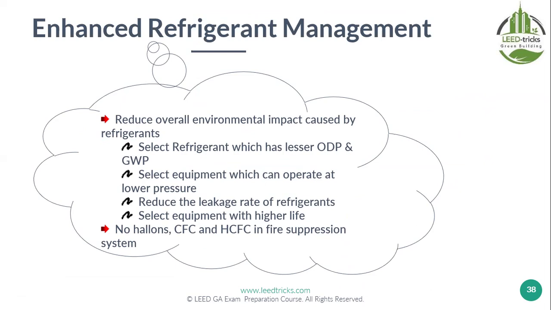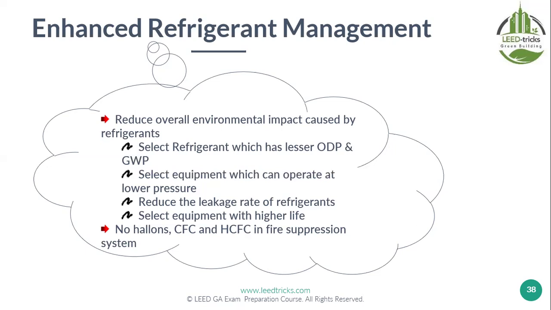Select refrigerants which have less ODP and GWP. Select equipment that can operate at low pressure, because the lower the pressure, the less the leakage. Next is reduce leakage. Select equipment with a higher life, of course.